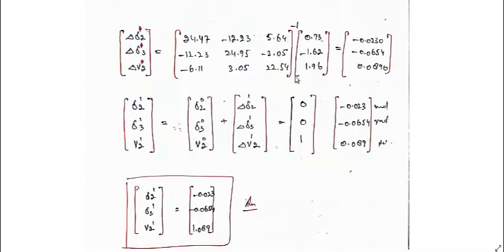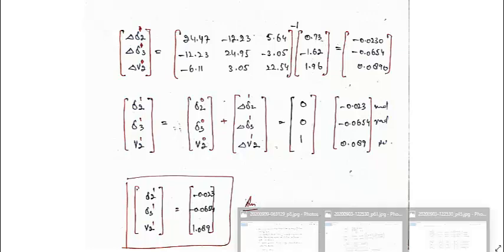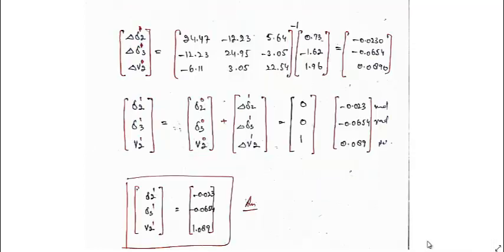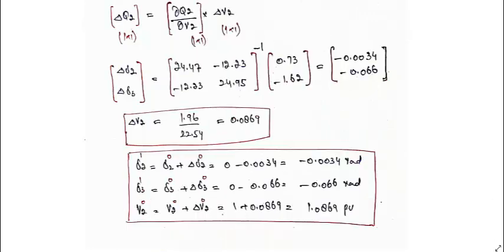Only these two values, delta P2 and delta P3, will be multiplied with the inverse of this matrix. When we multiply it, we get delta delta 2 equal to this value and delta delta 3 equal to this value, and delta V2 will be equal to the inverse of this, that is 1.96 divided by 22.54. So you can see 1.96 divided by 22.54 will be equal to 0.0869.